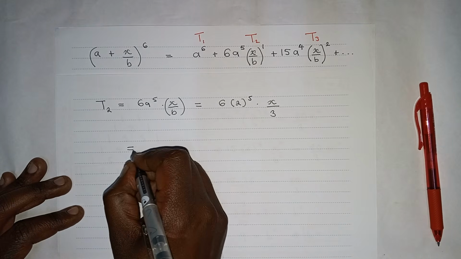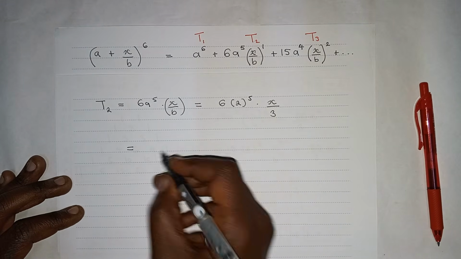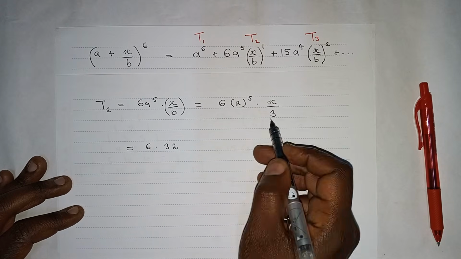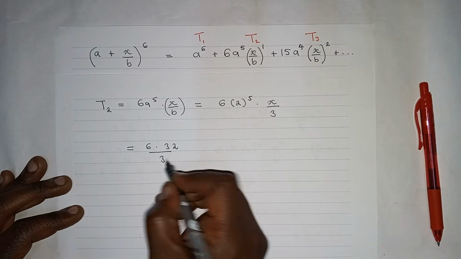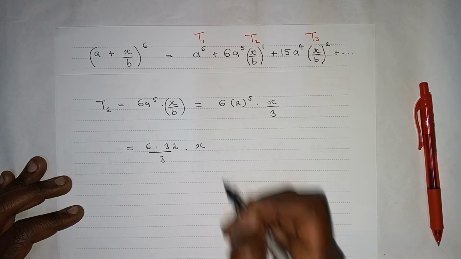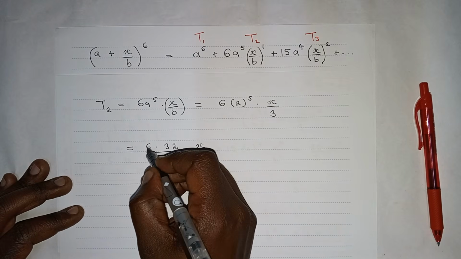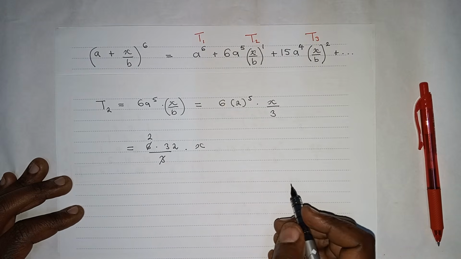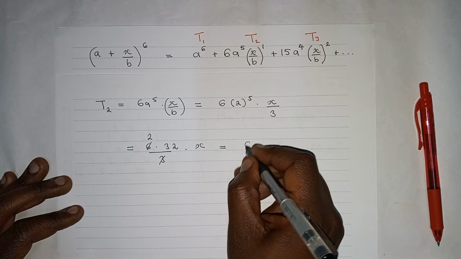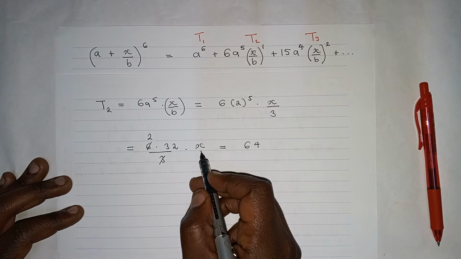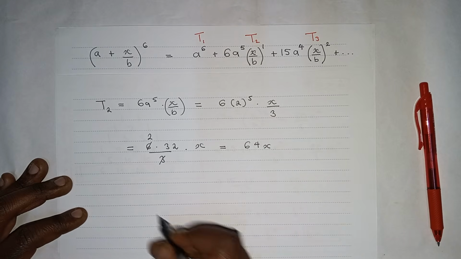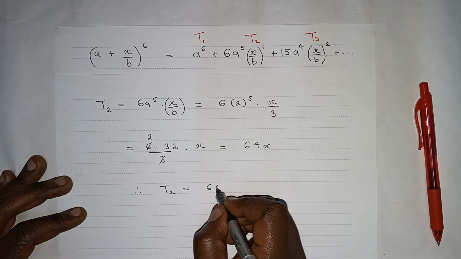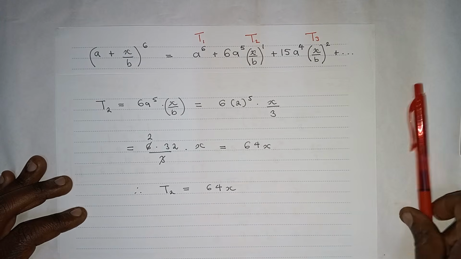Okay, so if we simplify that further, 2 raised to the power 5 is 32. We're dividing everything by 3 and multiplying by x. 3 goes into 6 2 times. 2 times 32 is 64 multiplied by x. So therefore, the second term is 64x.